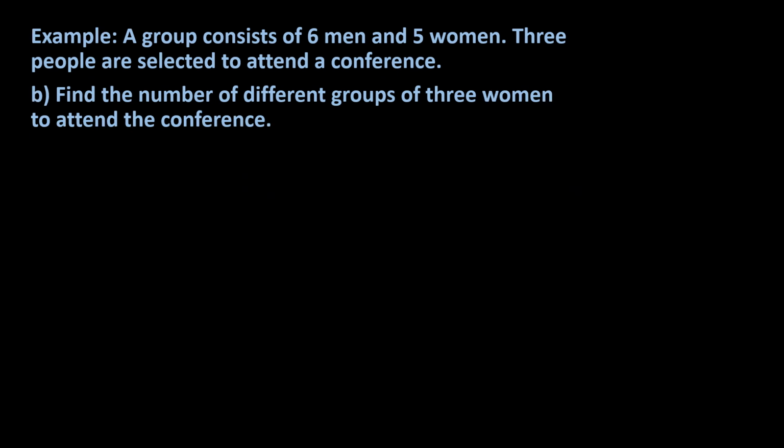Alright, part B, find the number of different groups of 3 women to attend the conference. So now in our total, we're just looking at women, so N will be 5. So it's now 5C3. So 5 factorial over 5 minus 3 factorial, 3 factorial.